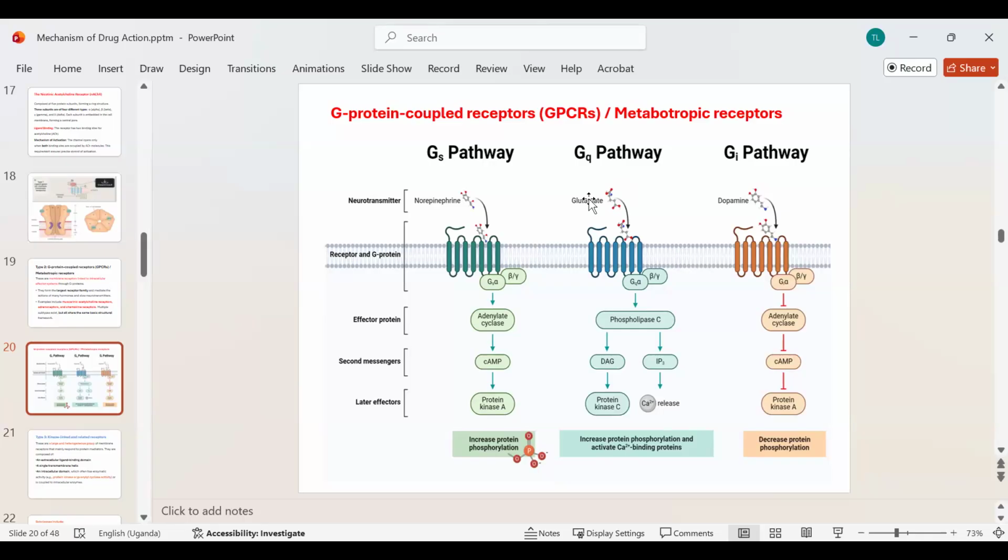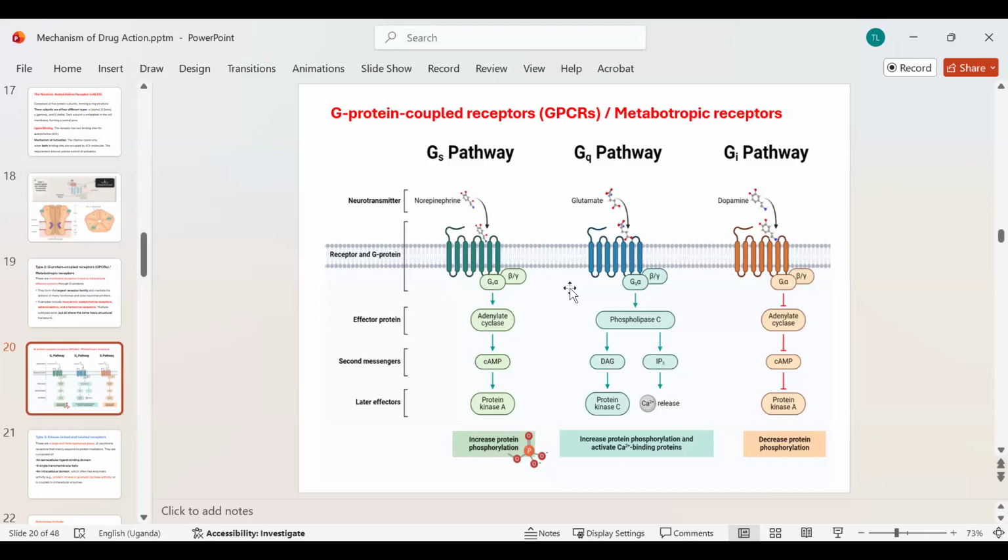When you look at a Gs coupled receptor, the effector protein that it attaches to is adenylyl cyclase.